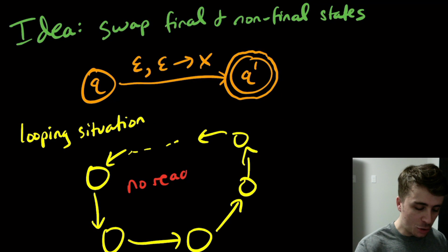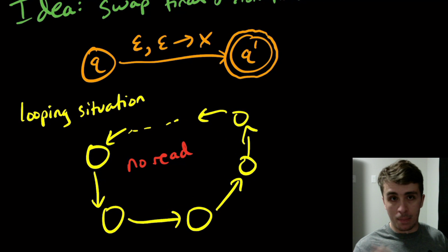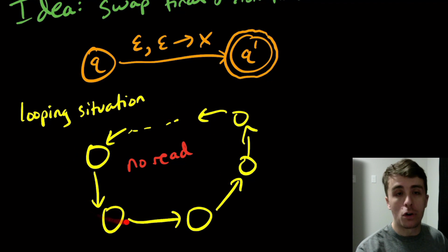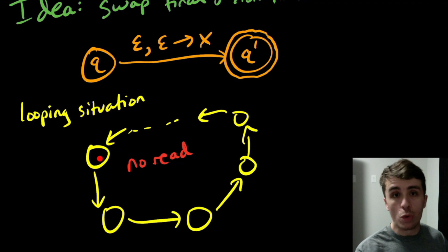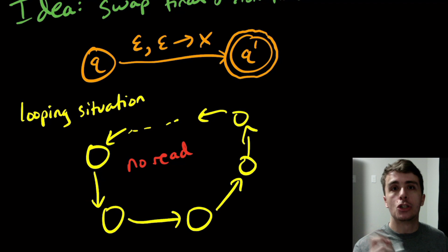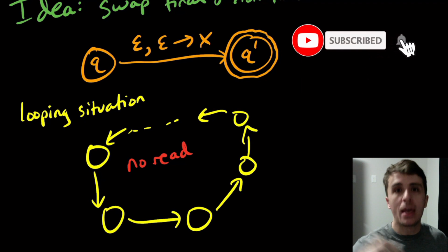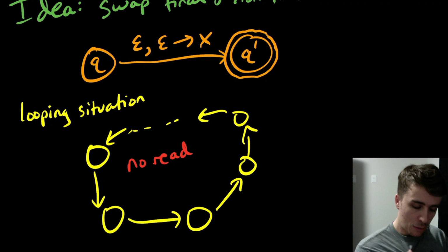And it could be conceivable that if there's no read on any of these, we could just cycle around over and over and never actually read the whole input string. So remember, the criteria to accept a string is that it has to be in a final state to start with, and it needs to have been read in full. So if we fail to read the whole input, then we'll never accept the string, even if we are in a final state.